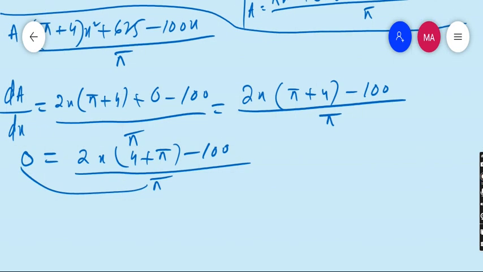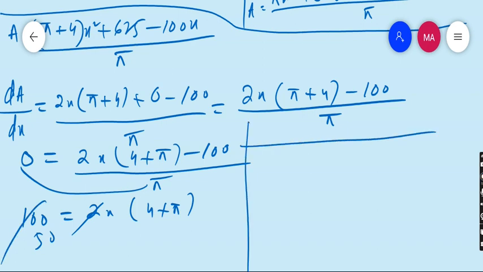And 100 must be shifted over there. It is equal to 2x into 4 plus π. 2 50s are 100, and then x into 4 plus π is equal to 50, and x is equal to 50 upon 4 plus π.